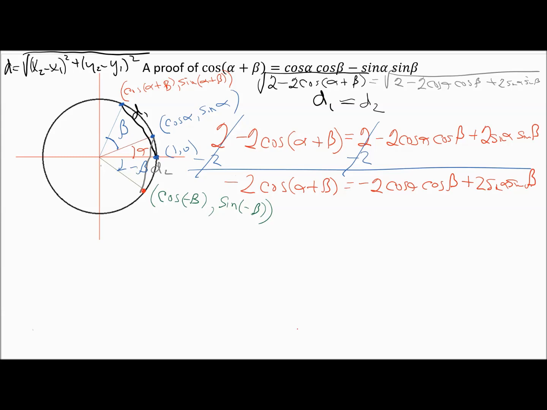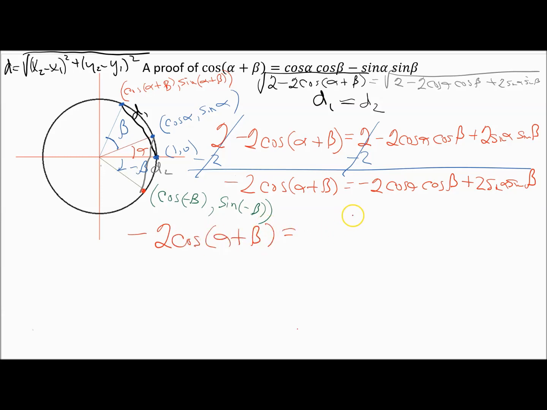Now notice we're almost there. This line on the left almost matches this line here on the left, except we got a negative 2 in there. What do you want to do about that? Well, how about we factor negative 2 out of the right-hand side, then we could divide both sides by negative 2, and maybe this is exactly what we need. So the left side, I'm leaving alone. Negative 2 cosine of alpha plus beta.